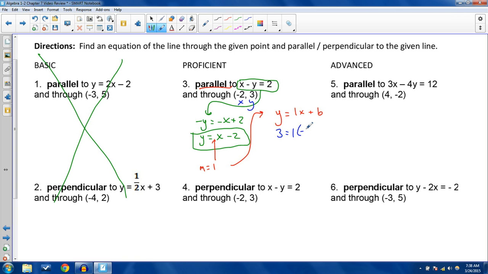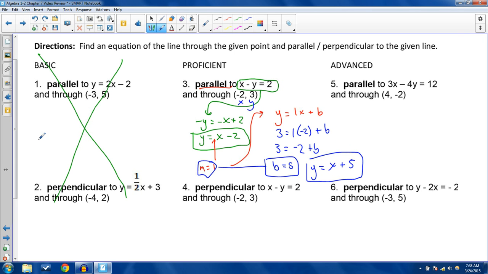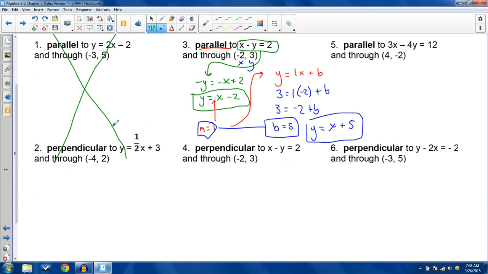If I substitute those, use a point that you have, you'll get b equals 5. So your equation, with a slope of 1 and a y-intercept of 5, is y equals 1x plus 5, or just x plus 5. That's your final solution. I am going to move along.